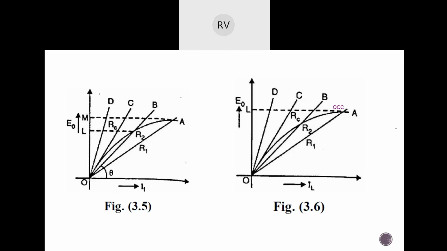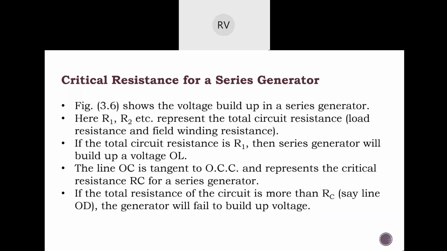In figure 3.6, ABCD are the field resistance lines, and C is becoming the tangent to the OCC. So the field resistance for the C line will become the critical field resistance for this particular machine.